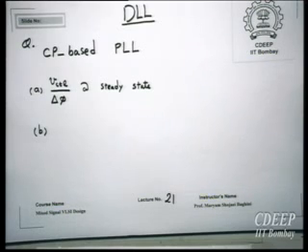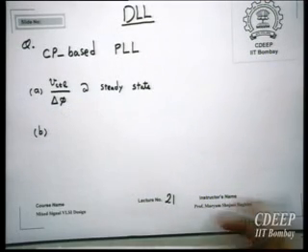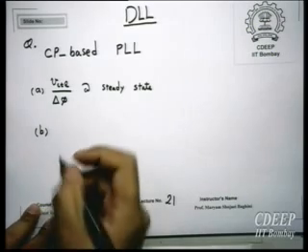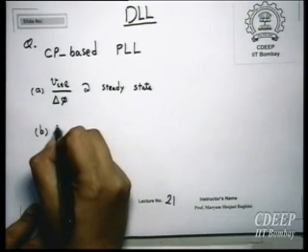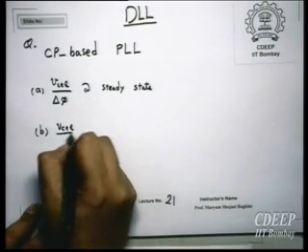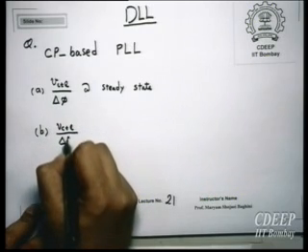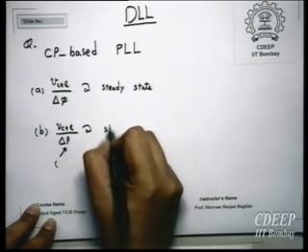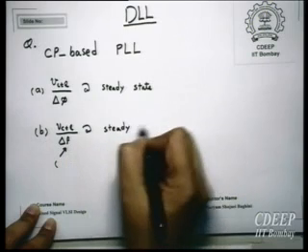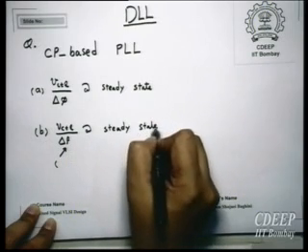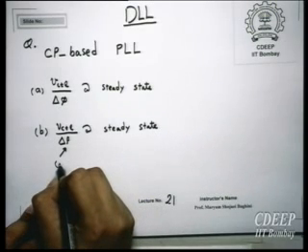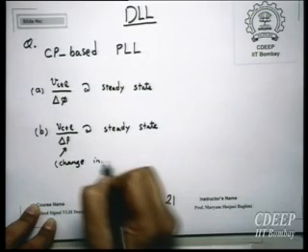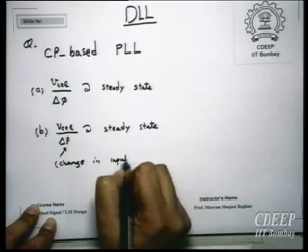You derive the transfer function, show what it is, and then what will be VCTL upon delta F. Delta F is a step change, again at steady state. This is the change in input frequency, for example a step change.